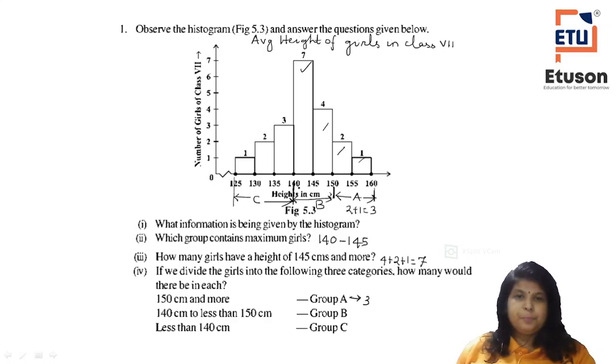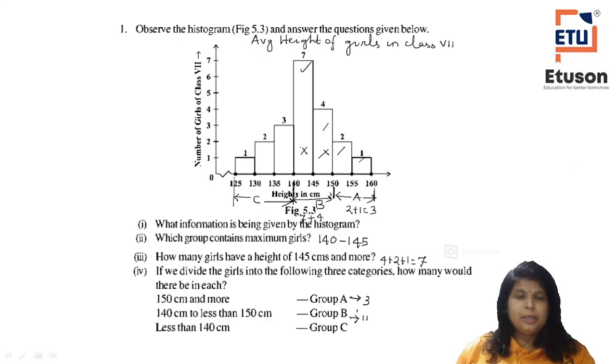Then group B, how many does it include? This and this, right? So it will be 7 plus 4, that is equal to 11.